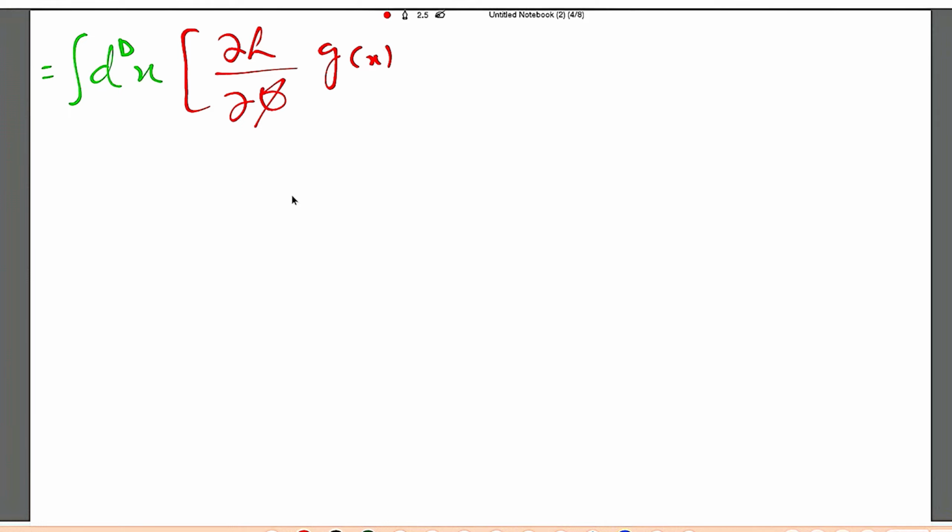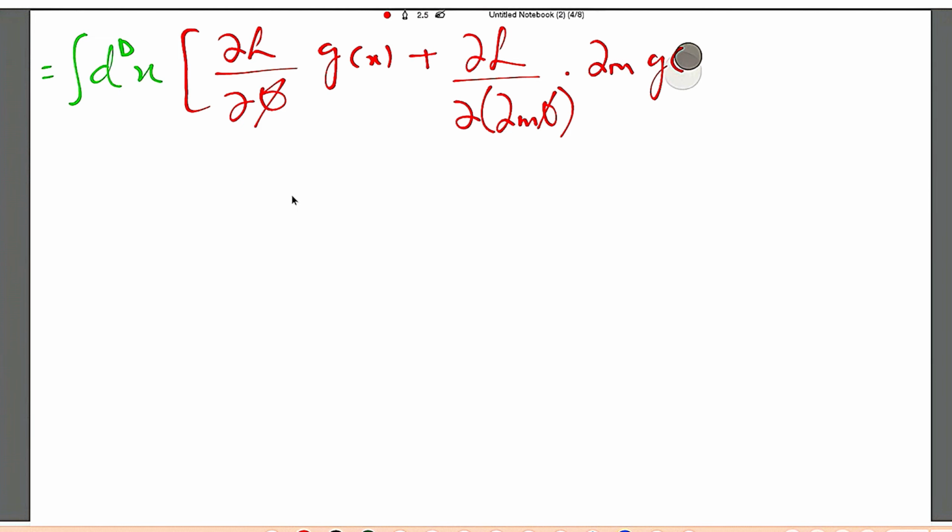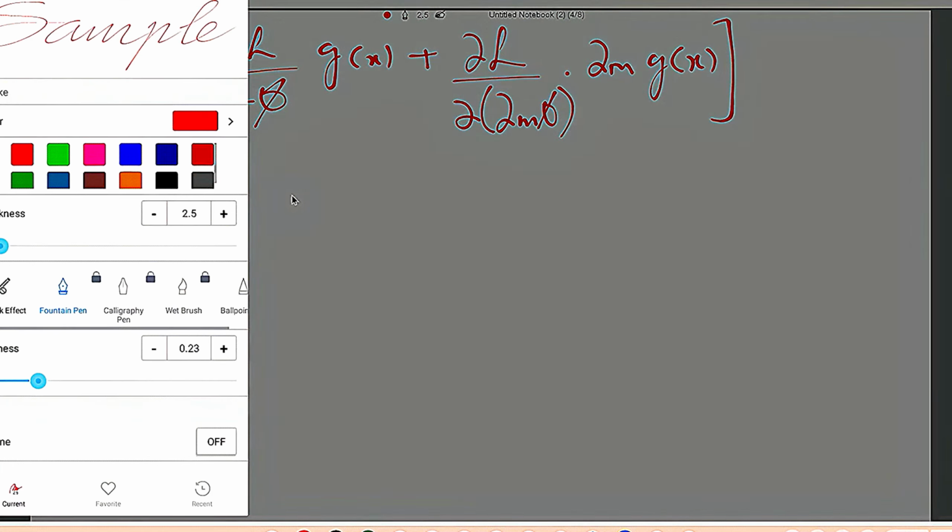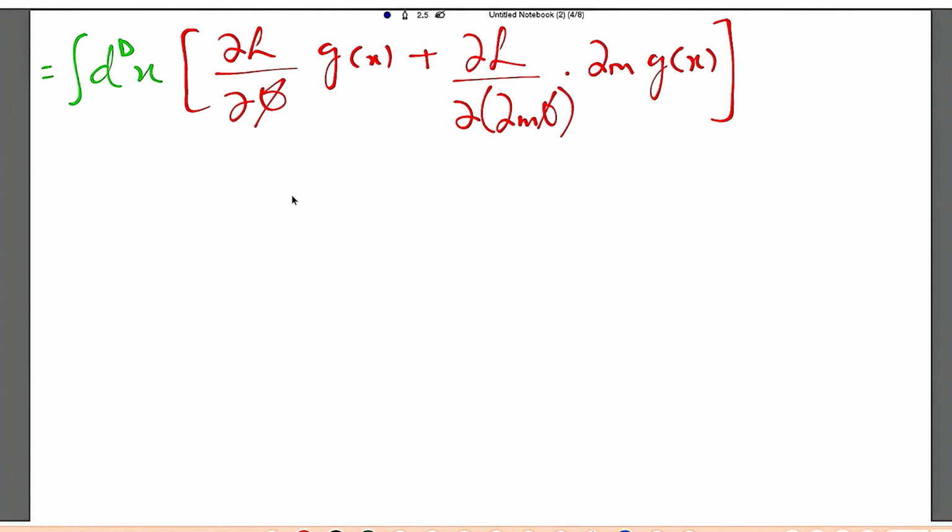So partial L by partial phi g of x plus partial L by partial m phi, and then we have partial m g of x, bracket closes.